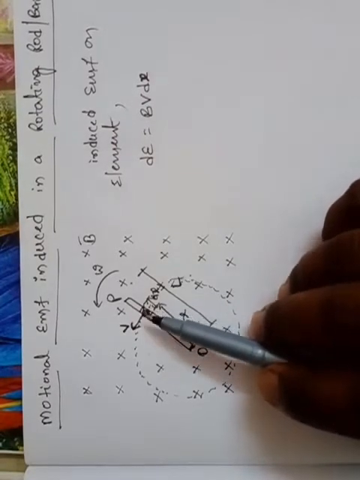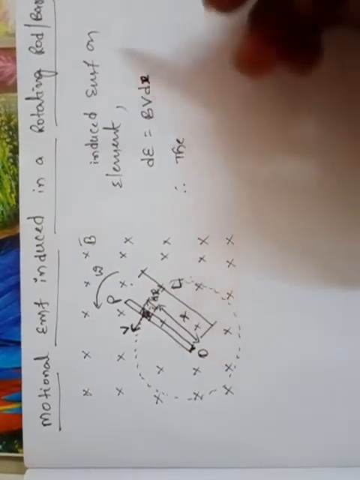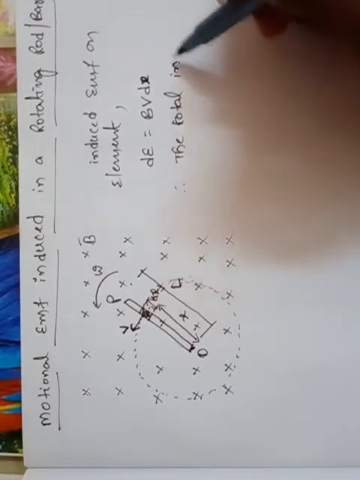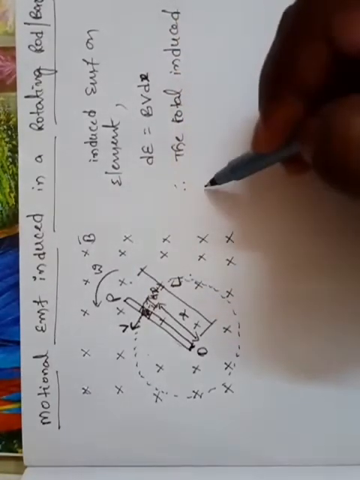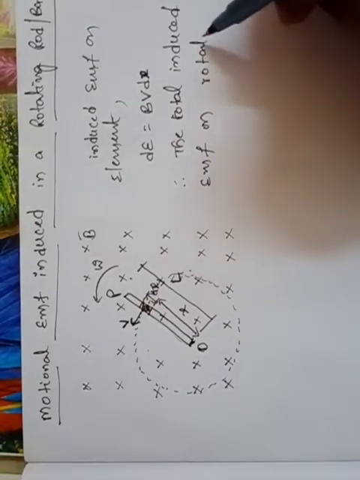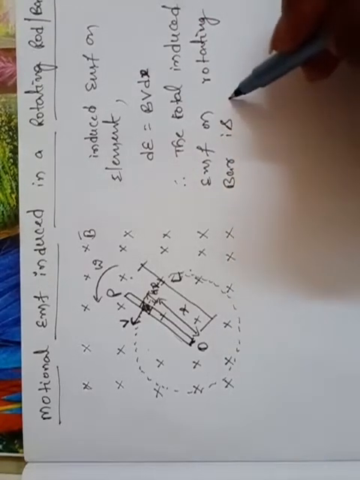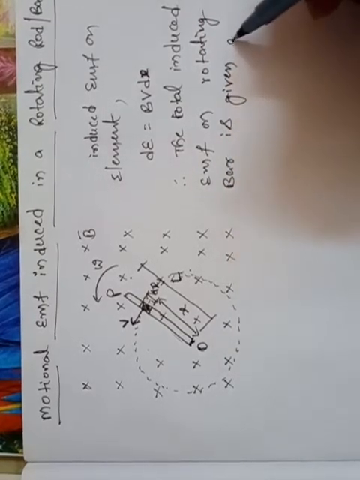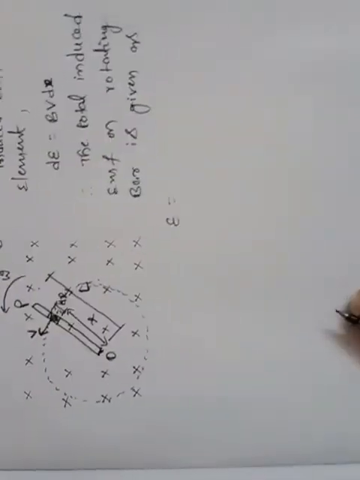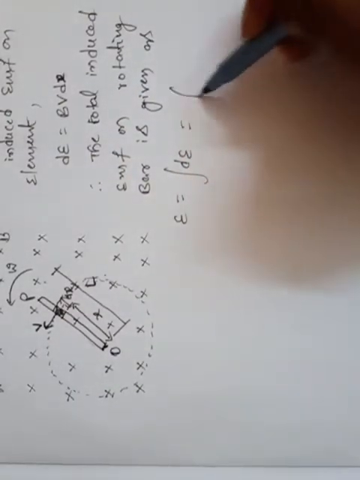Now we will apply integration to get the total EMF. Therefore, the total induced EMF on the rotating bar is given as: induced EMF is equal to the integration of dE.